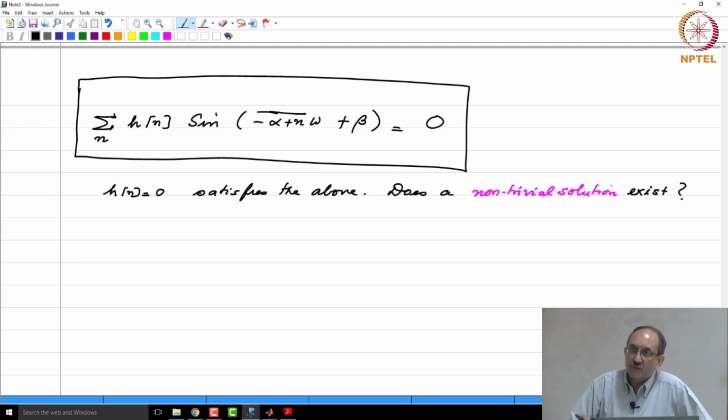So, if you are grappling with this problem, you will try to simplify things to get a feel for what the approach might be. Okay. So, the first thing that you are likely to do is, let us assume beta equal to 0, which means you would solve this problem for the linear phase case.